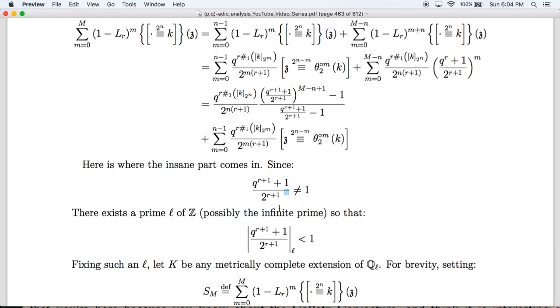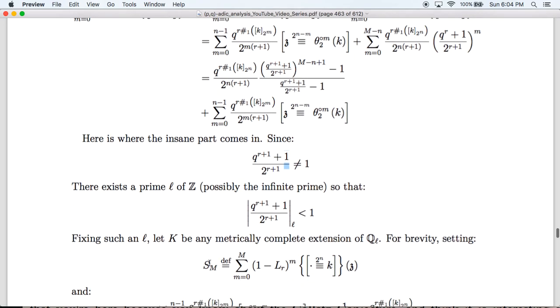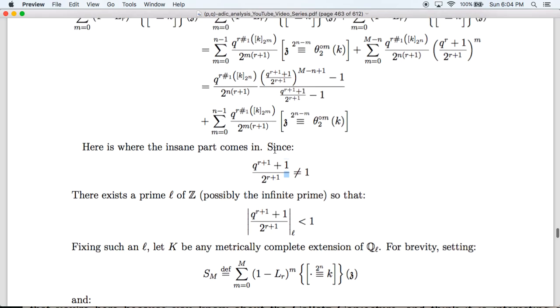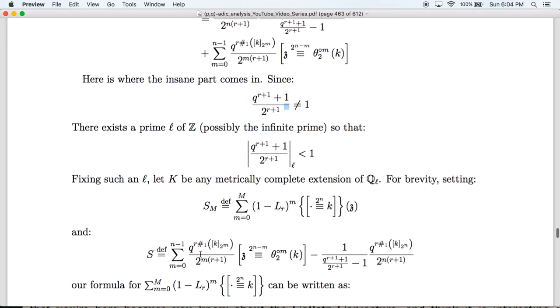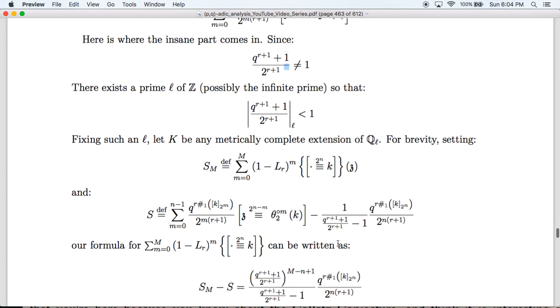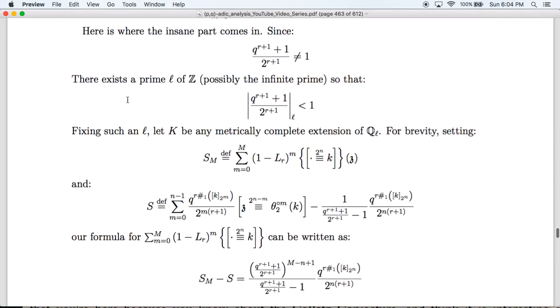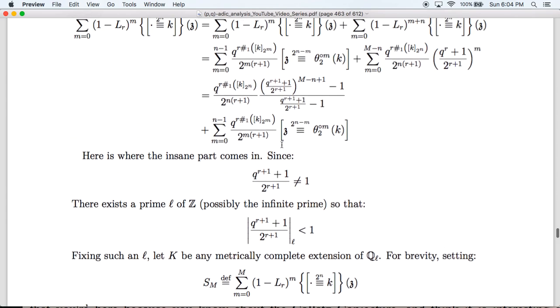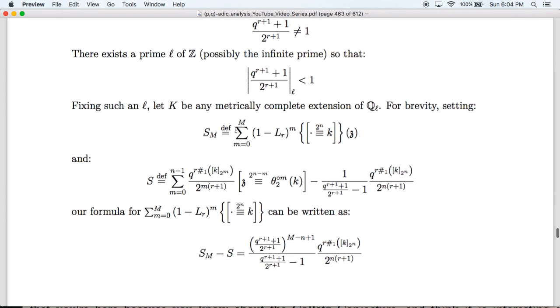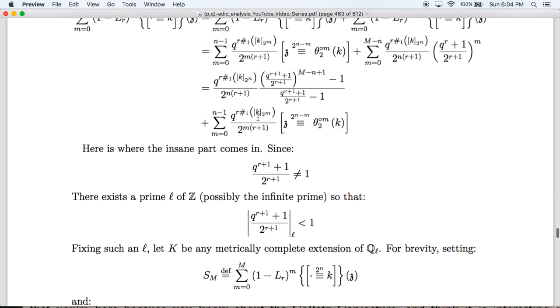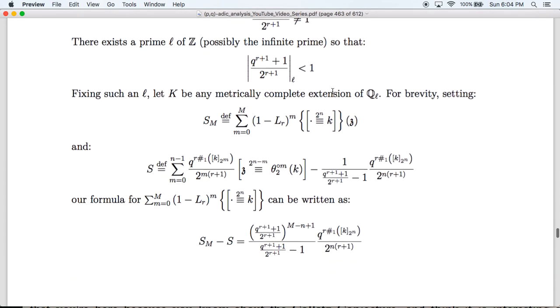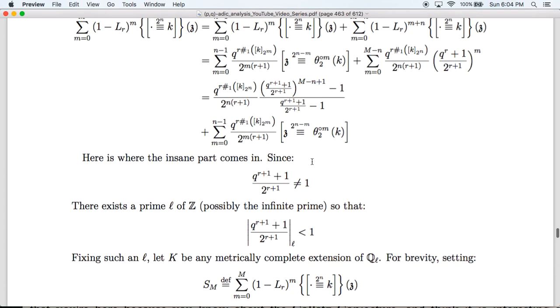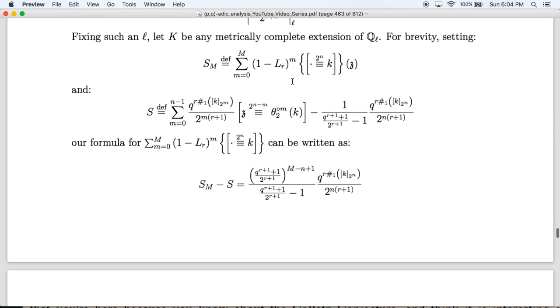For brevity, let's set S big M to denote this thing, and then let S denote this thing. Then our formula for this partial sum is the same thing as S big M, this guy, minus S, this guy, also minus the constant term there, is equal to the divergent term of this.